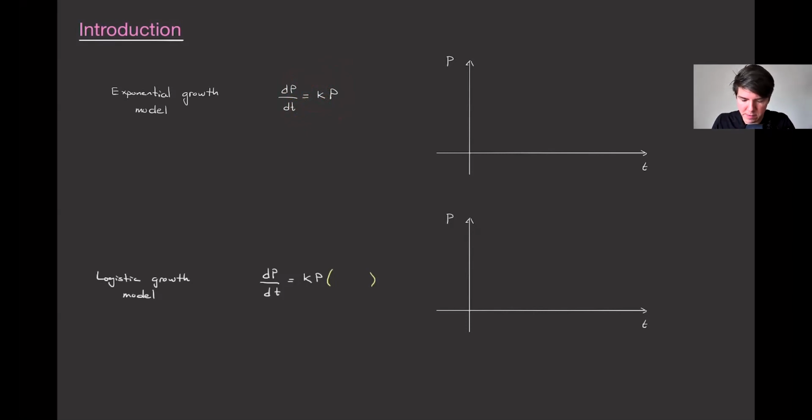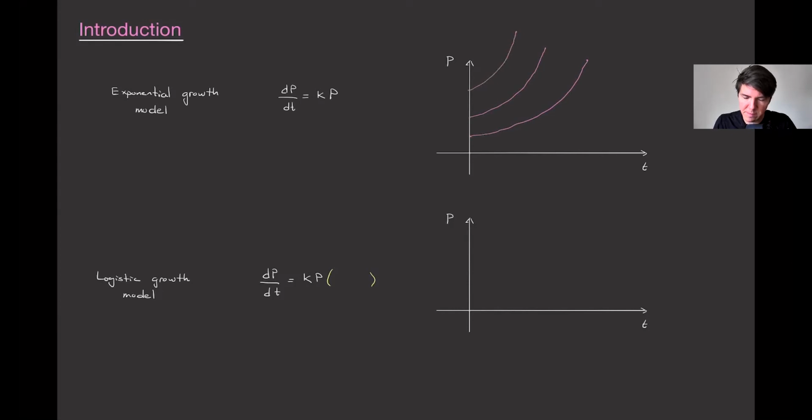Now, what that leads to is if you already have a positive population, your growth will initially be somewhat meager, and then it will sort of take off over time. And let's say if you start at a different starting population, it'll look like so, and so on and so forth.